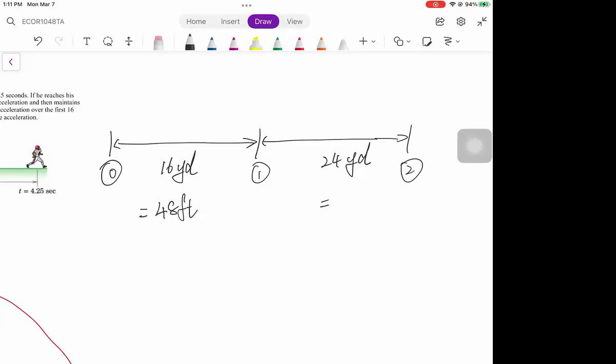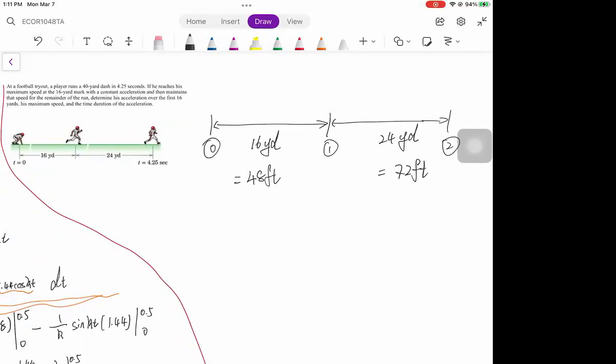If the question is very short, you don't need to. I remember later you guys are going to learn about kinematics, those energy equations. If you want to use those energy equations, you have to use either feet or meter. Okay, so 24 yards is 72 feet.